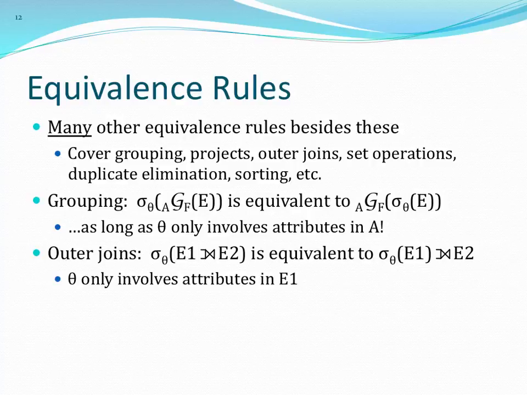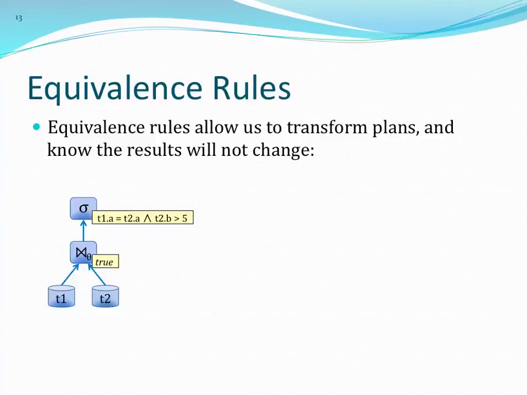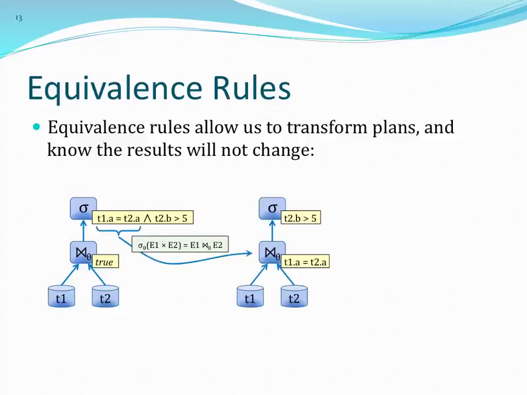So as long as we have inner joins, we're very happy. The database has a lot of flexibility. But if we have a situation where there are outer joins in the picture, then we start having a lot of complexity. But anyway, we'll talk about that in a moment as I show you some bad equivalence rules. But we have this situation, remember, we had the select at the top. We can go ahead and move part of that down.